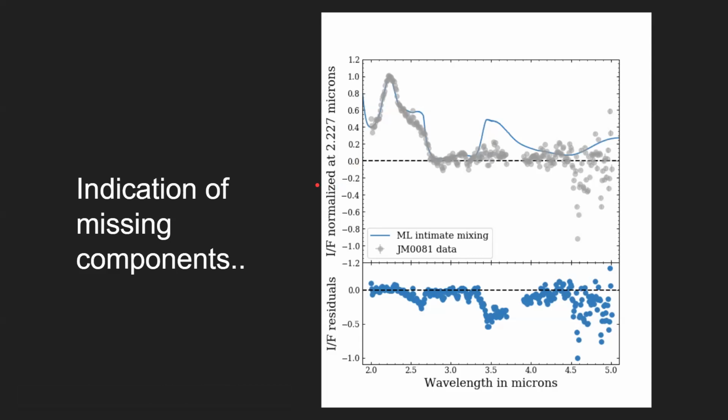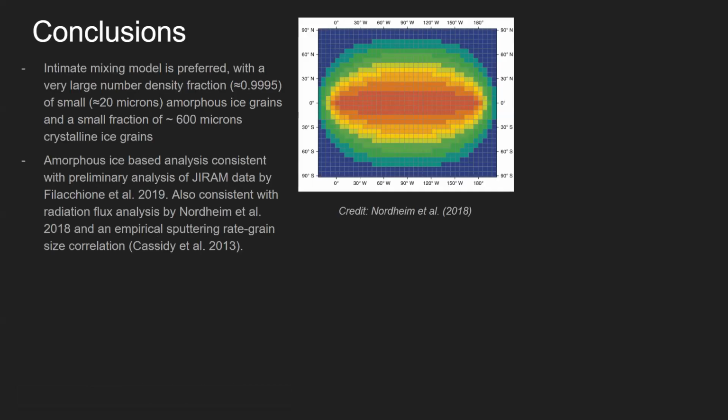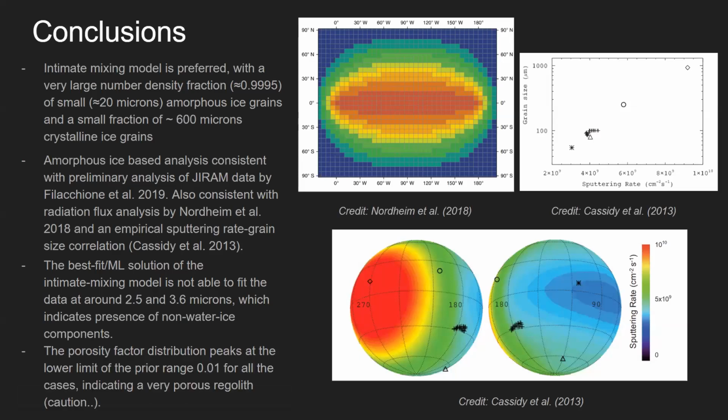So the effect of the porosity parameter is kind of washed away. Even though our analysis indicates a very low value for the porosity parameter, we are not very confident in that. So this is the total results from my analysis.